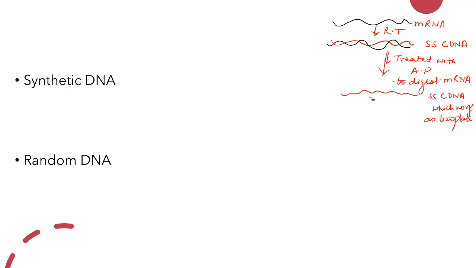Now it will synthesize what? A double stranded DNA with the help of DNA polymerase. So this is the process. Okay, that is clear. The process of formation of complementary DNA from RNA.